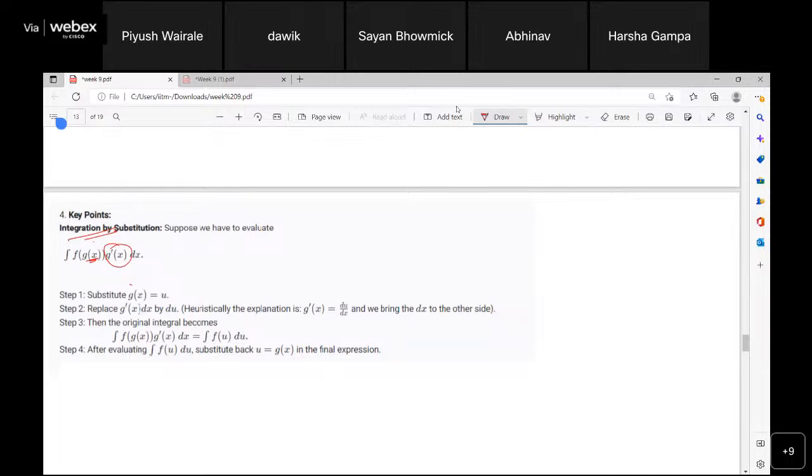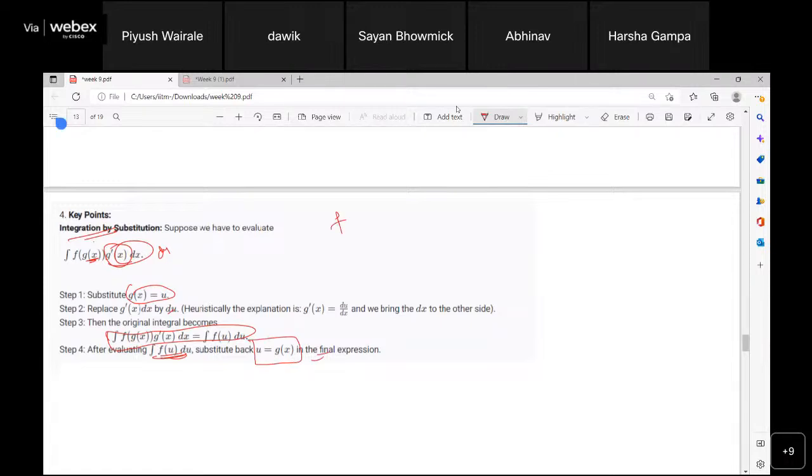We can simply substitute g(x) equals u, differentiate: g dash of x dx equals du, right? And then we put du in place of g dash of x dx, and f of u. So it will become like this. Then we can evaluate this integral, and then we have to resubstitute u equals g of x in the final expression.